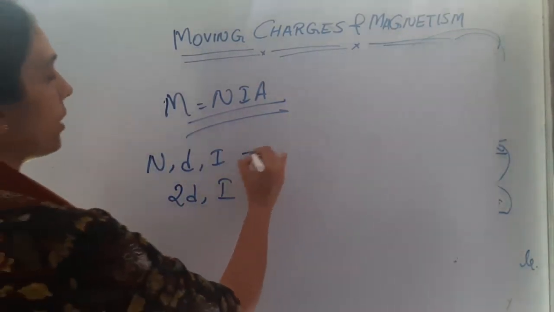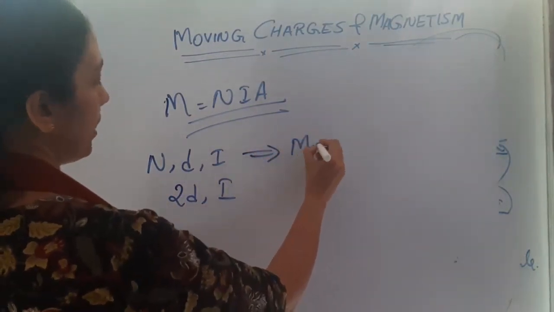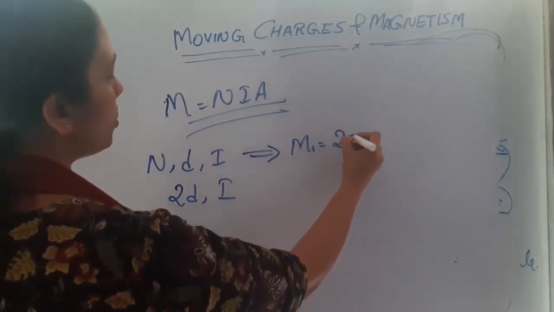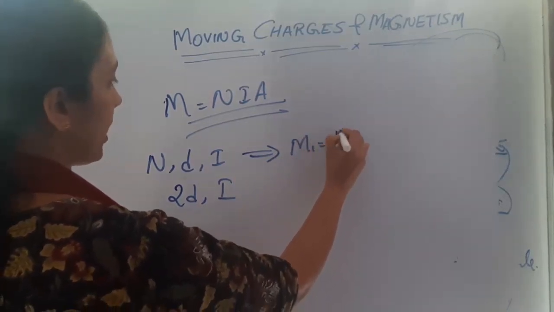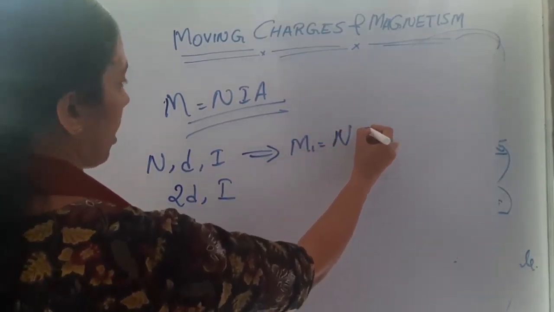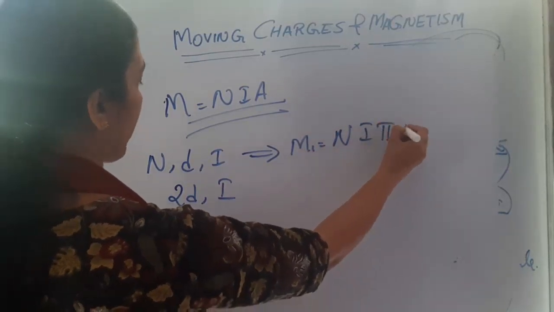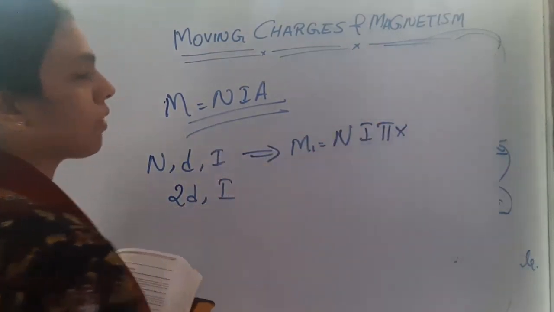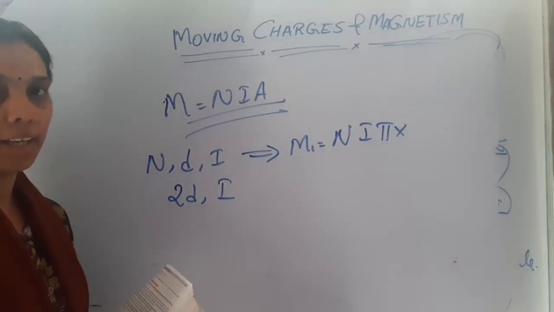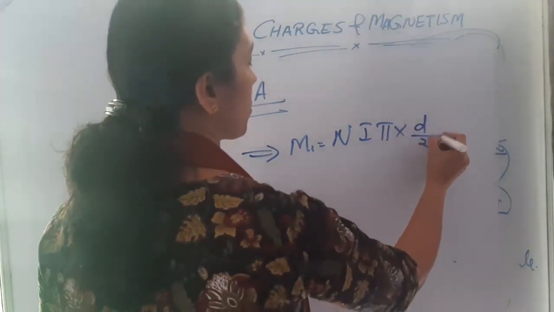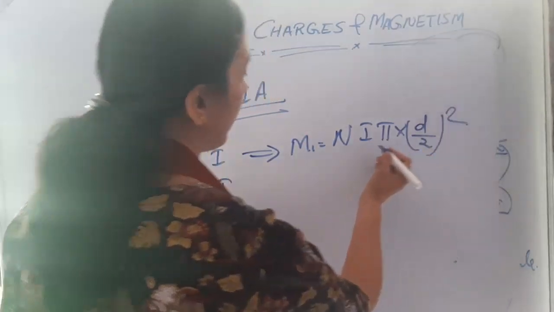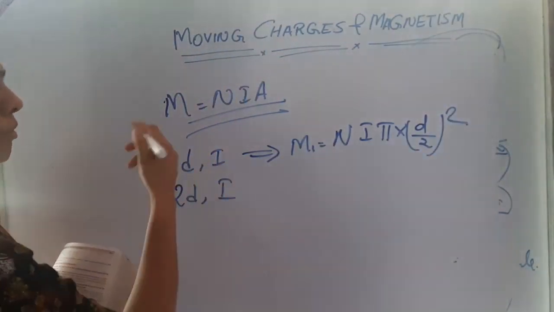So first, M1 will be equal to N into I into pi. What is the formula for the area of a circular coil? Pi R square, or pi into D by 2 the whole square. Now here N is the number of turns.